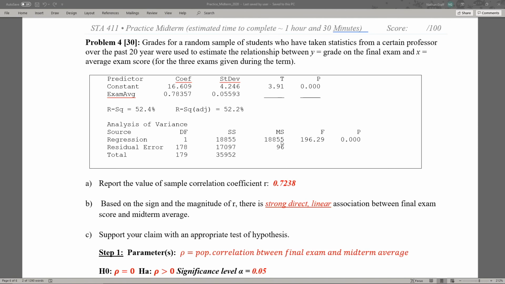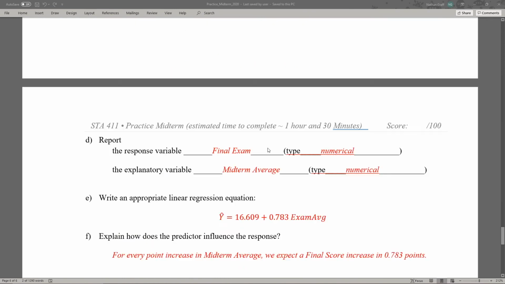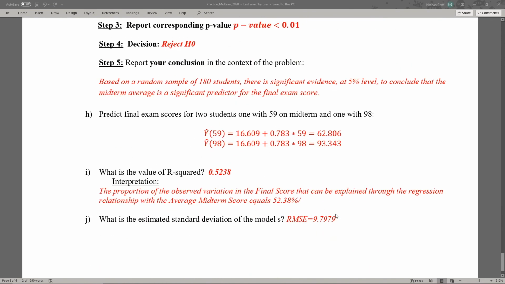Taking the square root of that yields the root mean square error, which is the value we are interested in. Therefore, we have a root mean square error of 9.7979.